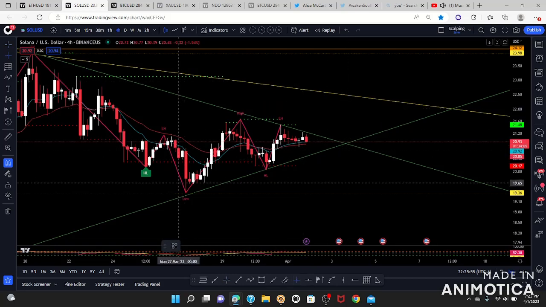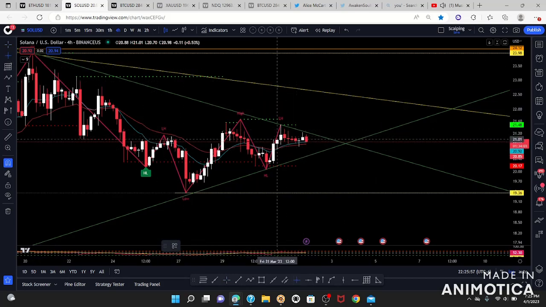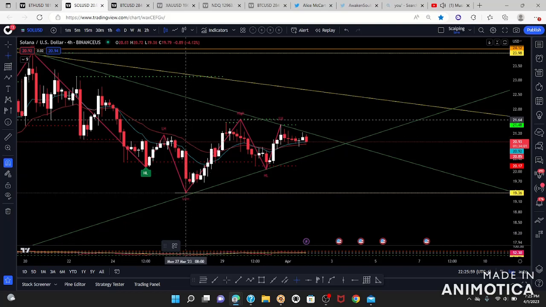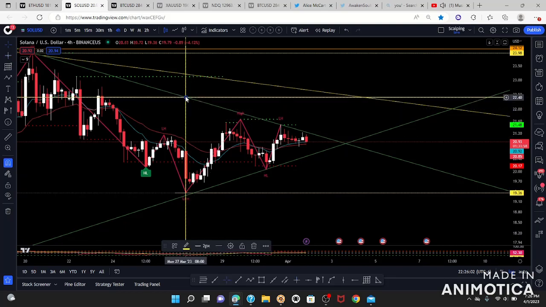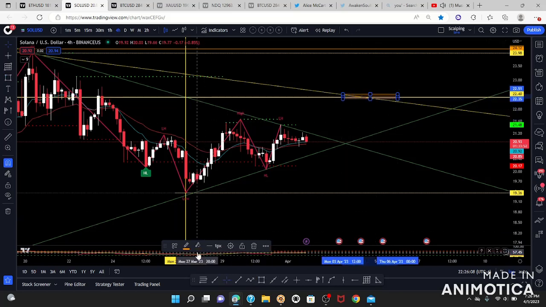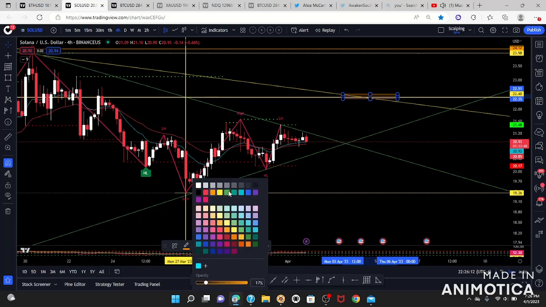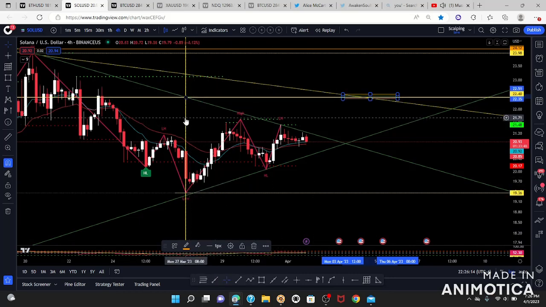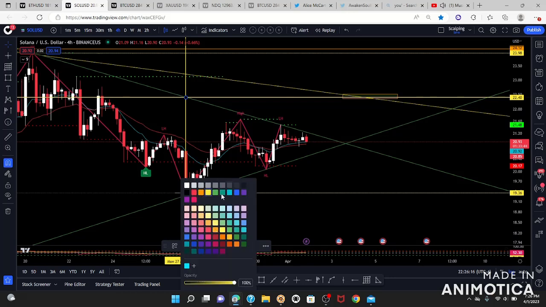So if it moves up based on this 1 touch, 2 touch, and this being our lowest price action, we're gonna go ahead and mark the intersection, and this is gonna be my bullish target for Solana on the 4 hours, and it also corresponds to my daily trend line, so I like that a lot.